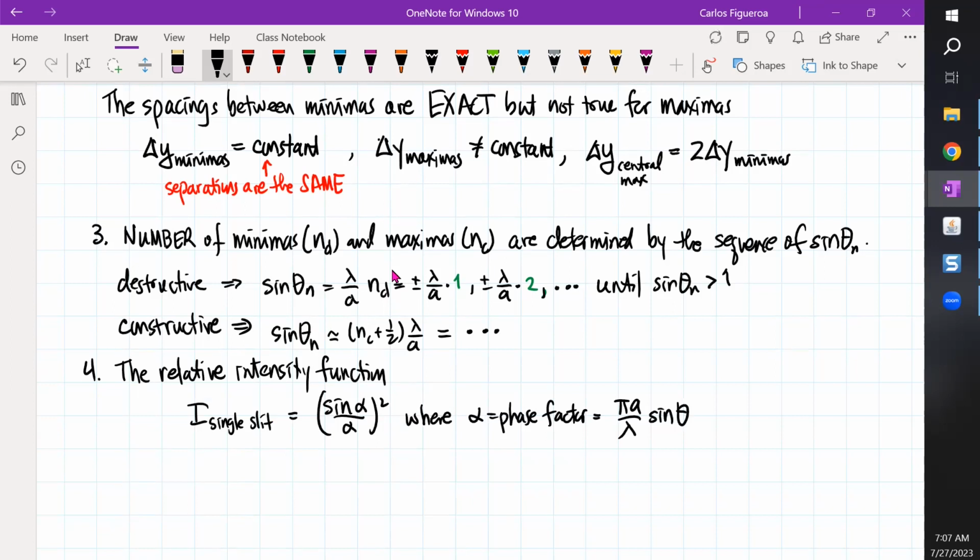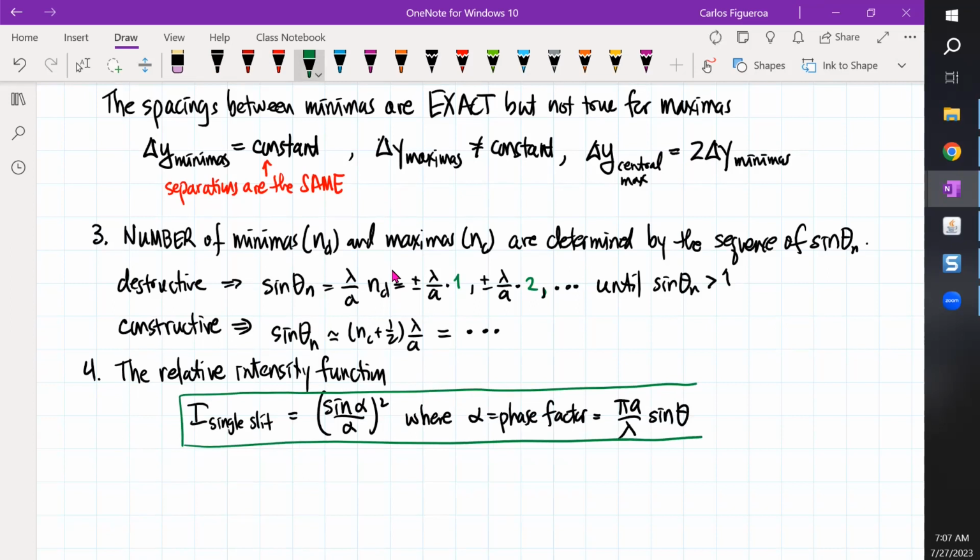Look how similar this is. It's very, very similar to that of interference. But it's definitely more mathematically rich, as we'll see here.